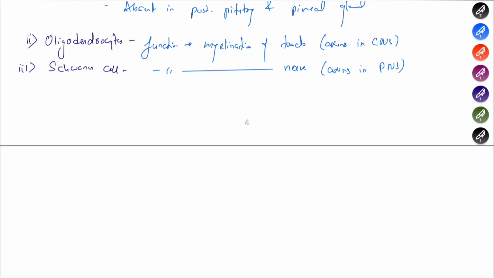You should know that for myelination of nerve tracts or nerve fibers, the most important vitamin is vitamin B12, and the most important micro element is zinc.